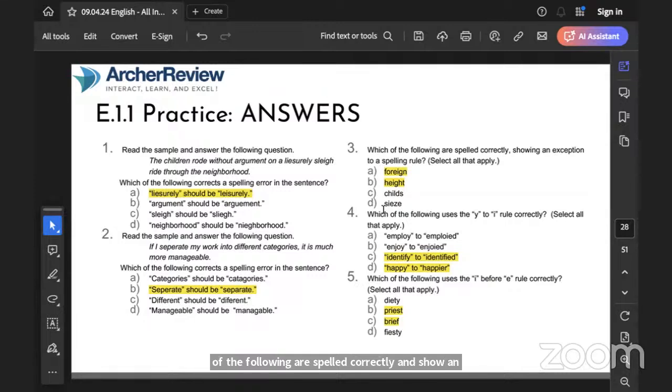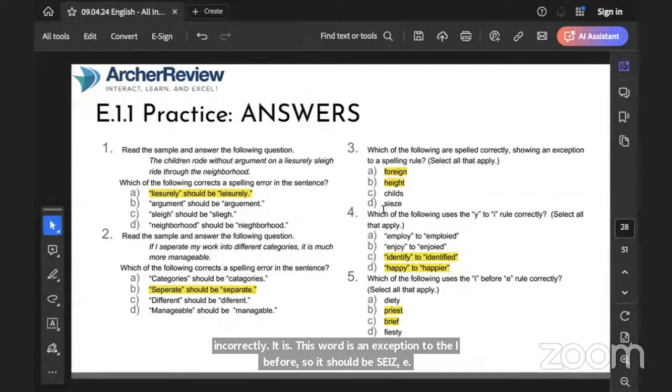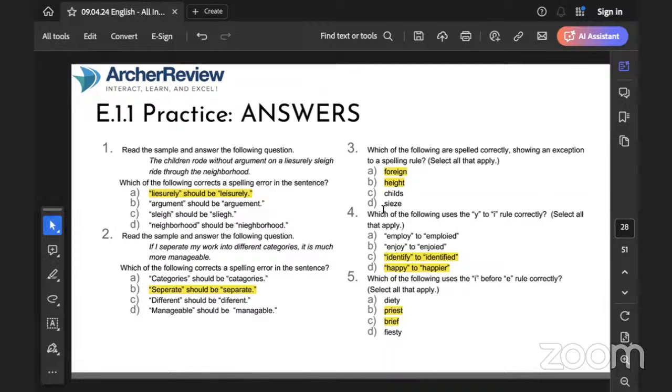This word is an exception to the I before E rule, so it should be seize. Any other questions?